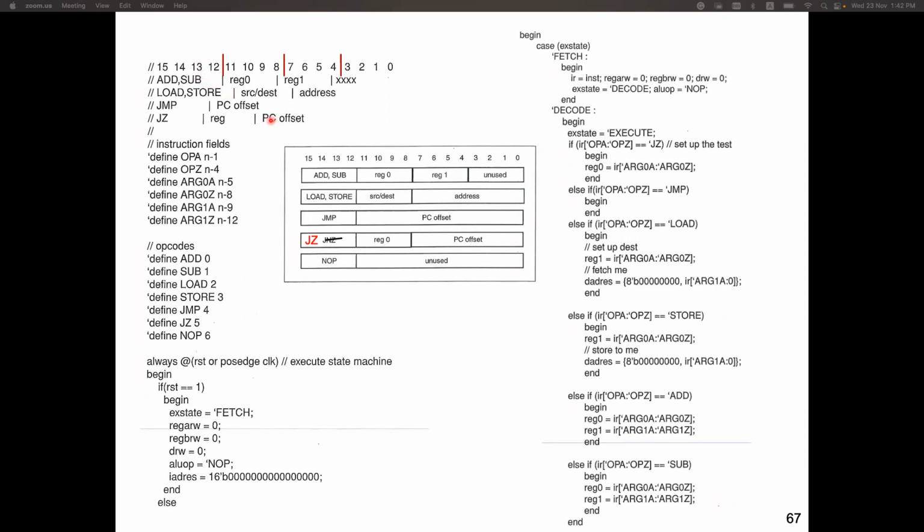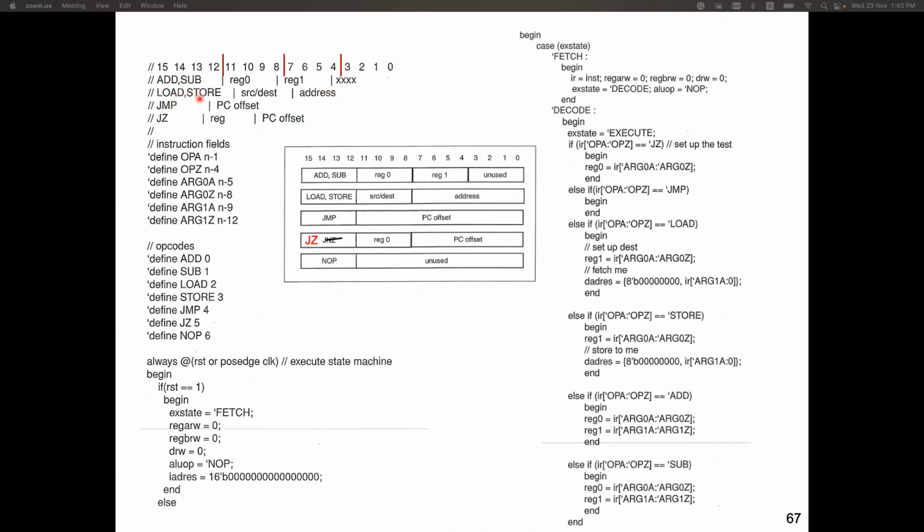This is some detail or definition of this instruction set. For add and subtract, register 0's address is contained in bit 11 to bit 8. Register 1's address is contained in bit 7 to bit 4 of this instruction. And bit 3 to 0 is not used for add and subtraction.